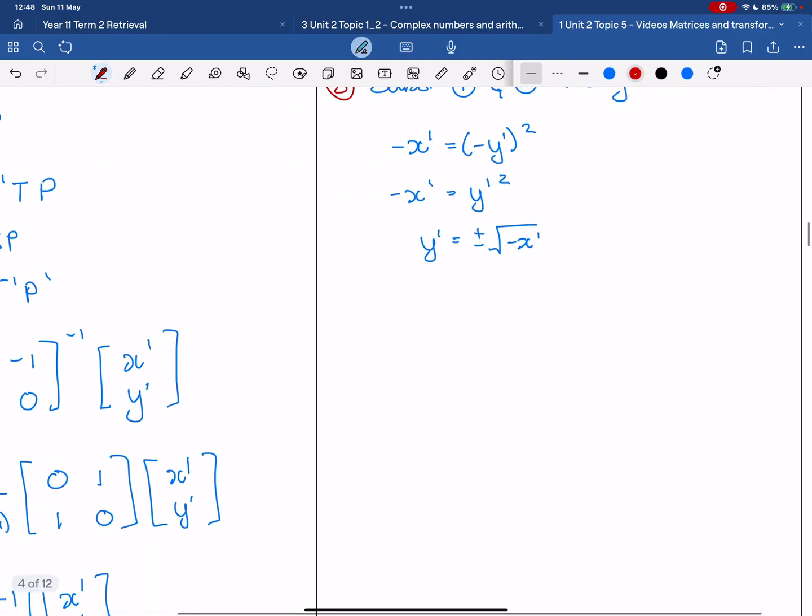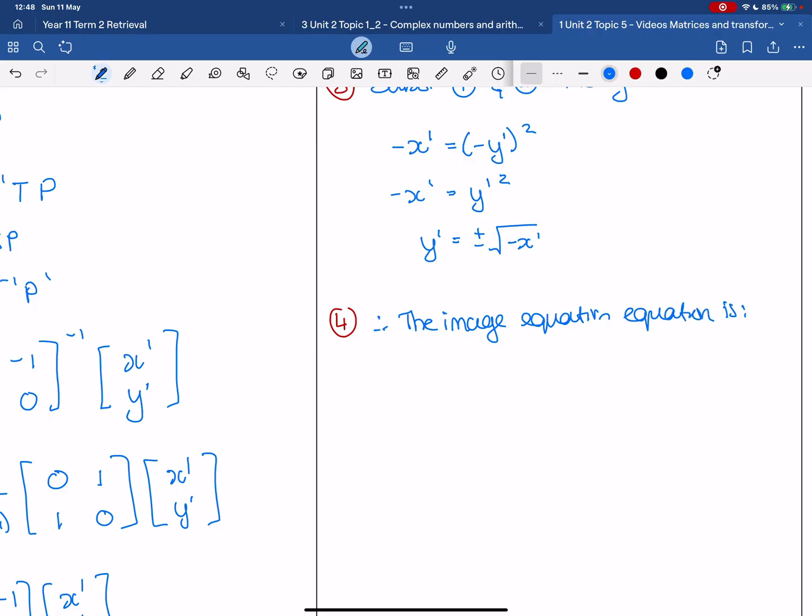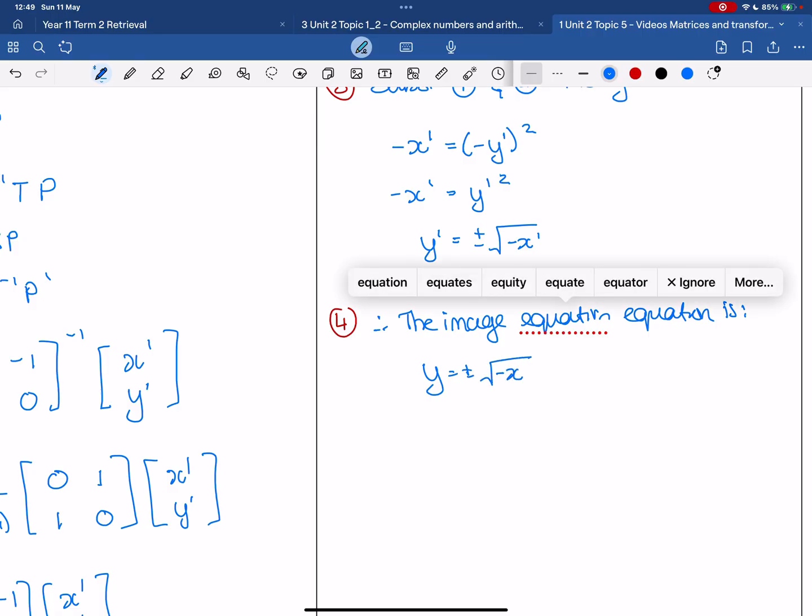And then we're going to say, therefore, our image equation is, and we get rid of our primes, y is plus or minus the square root of negative x. All right.